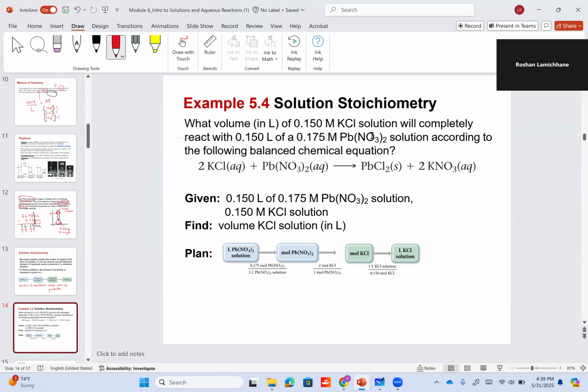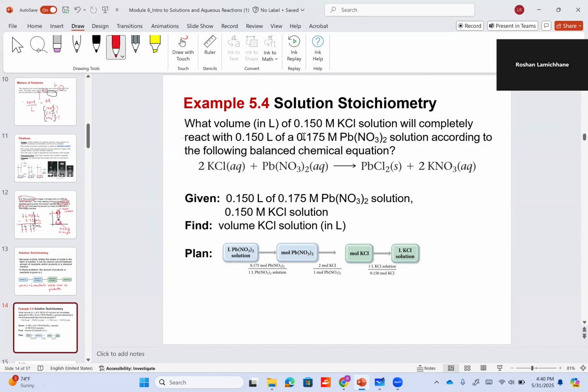Now, if it was the stoichiometry problem from one week before, it might be more like 5 grams of KCl reacts with 10 grams of lead(II) nitrate, and what is the mass of the PbCl2 salt formed, or something along that line.